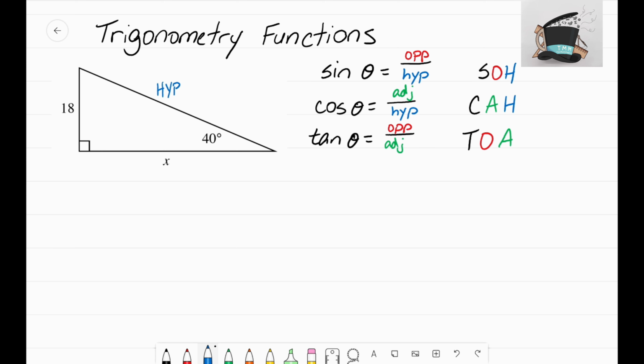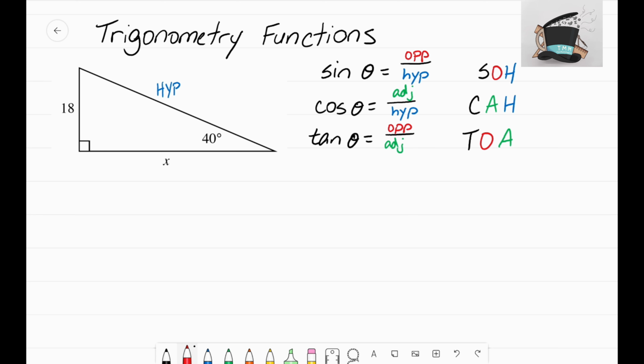Now I want to figure out where my opposite side is. I've labeled all my opposite sides here in red. The opposite side of your right triangle is the side that is opposite of your angle. It's not the right angle, because we've already used that with the hypotenuse. The hypotenuse is opposite the right angle. The opposite side is opposite of your reference angle.